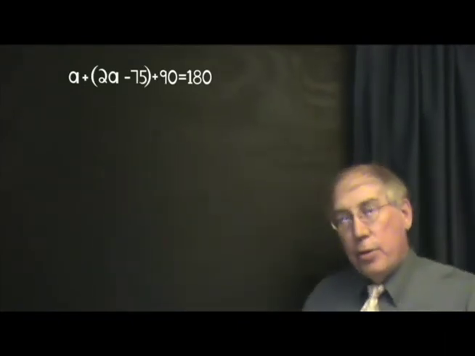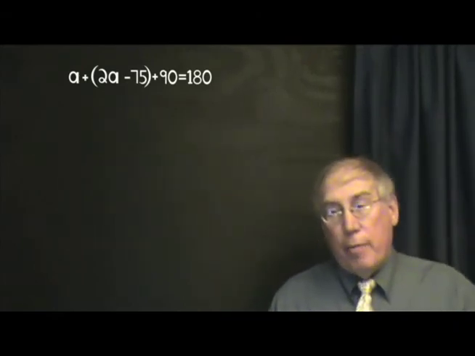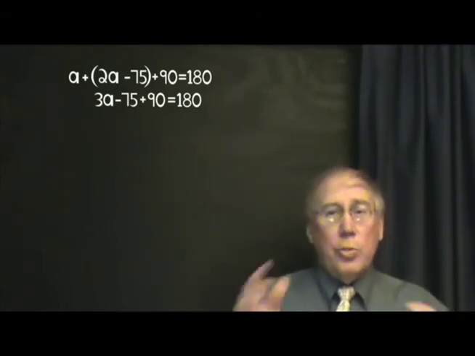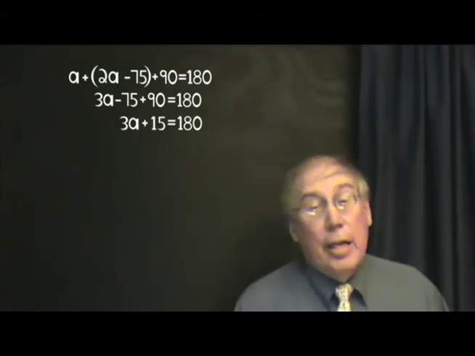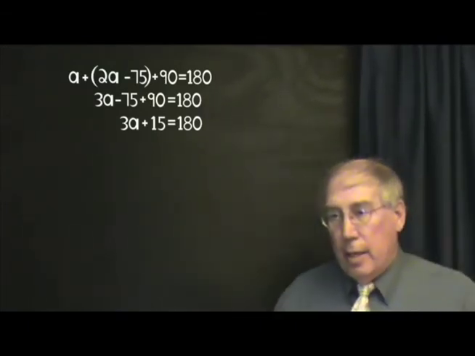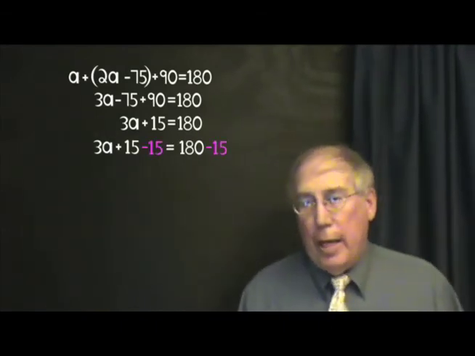So we can add those together. A plus 2A minus 75 plus 90 equals 180. So let's work this down and see what A is. So a negative 75 plus 90 is 15. Alright, so we get 3A plus 15 equals 180.